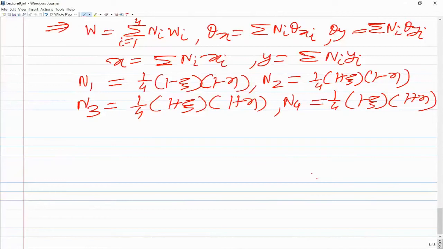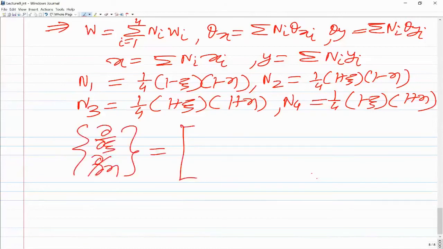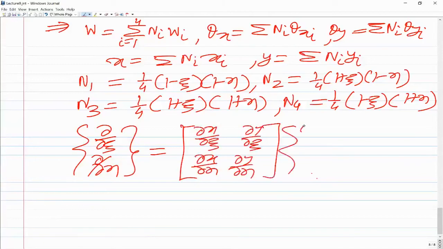So the logic how we arrive at that I had already discussed. So the concept of Jacobian matrix, in that del by del xi and del by del eta, these two operators are related to del x by del xi, del y by del xi, del x by del eta, del y by del eta into del by del x, del by del y, these operators. So this we have already talked about, and this we call as the Jacobian matrix.